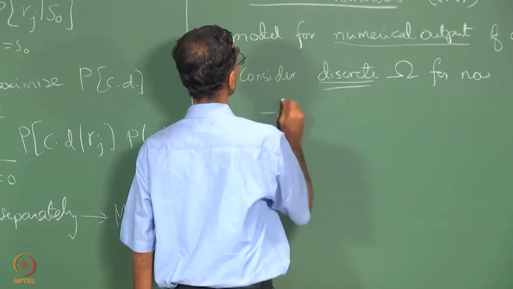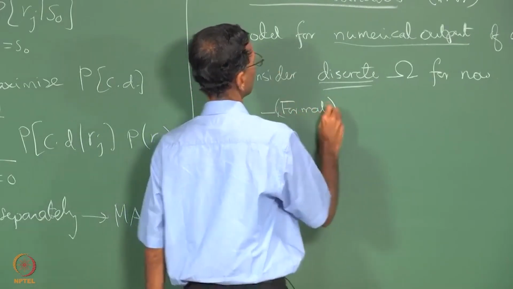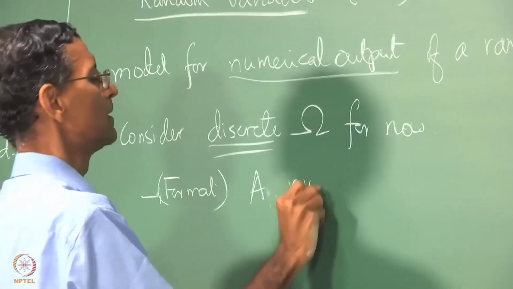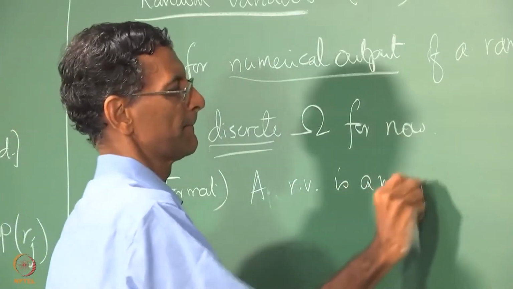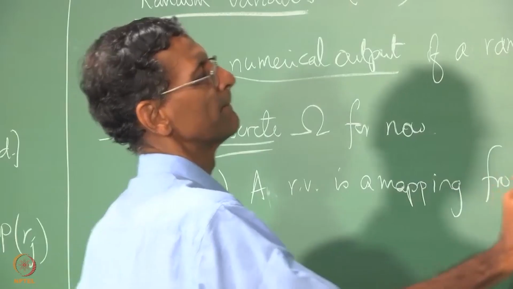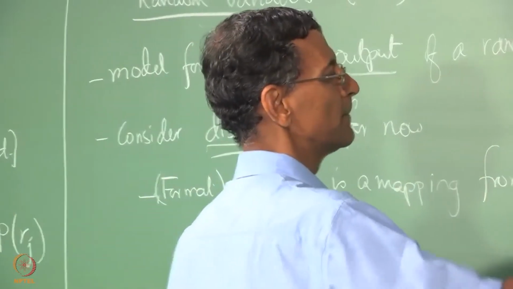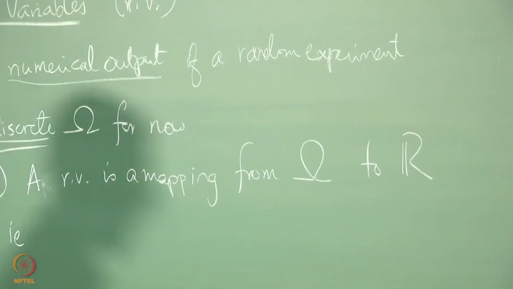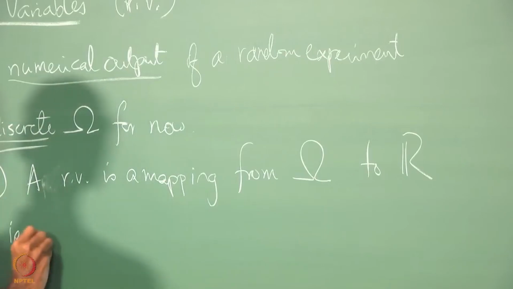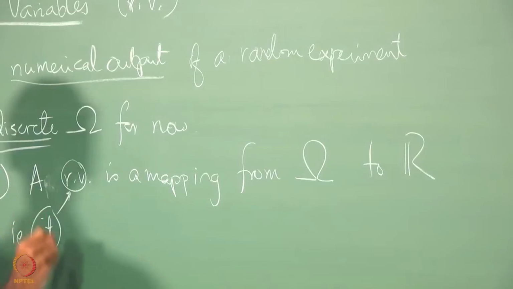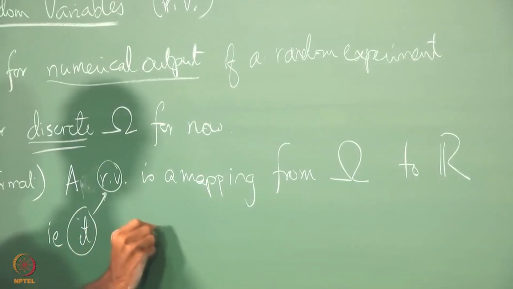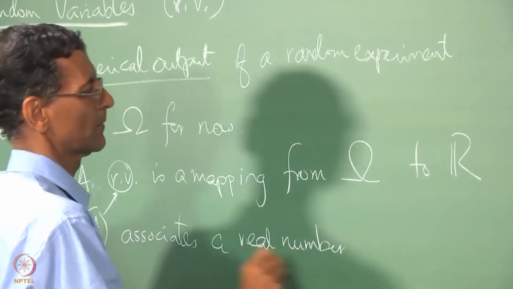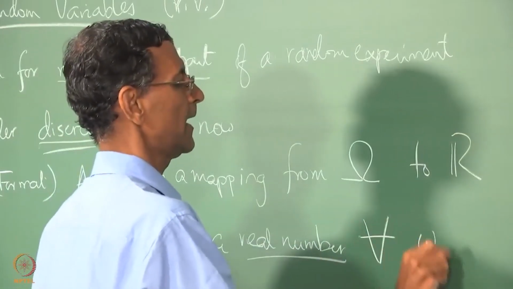So a random variable, formal definition, is a mapping. What does this mean? I.e., a random variable is a function. It associates a real number for all omega i element of capital omega.